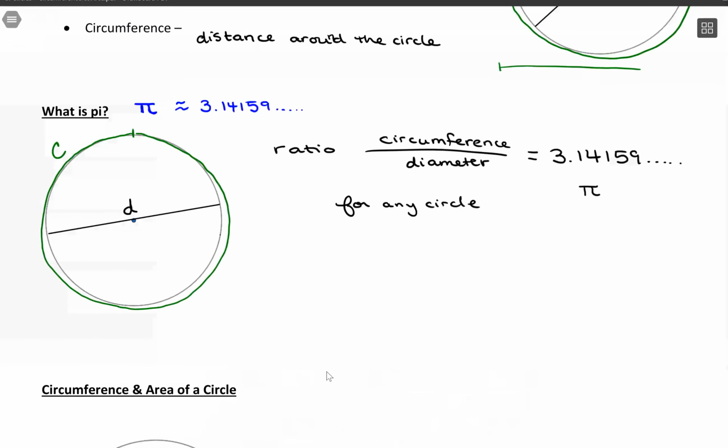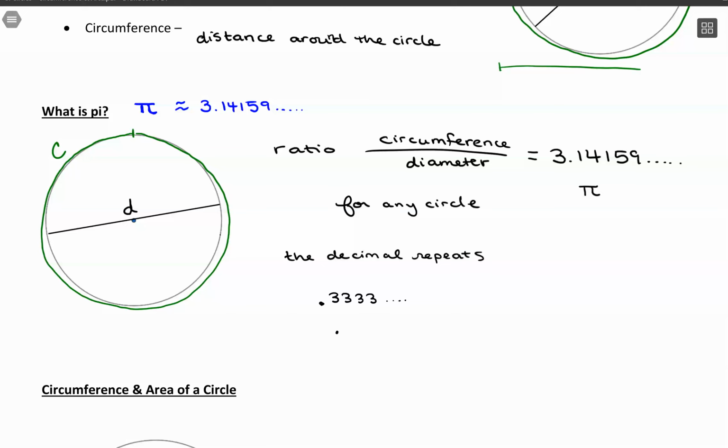Pi has its own symbol, and why we need a symbol is because the decimal that follows never repeats. For example, if you type 1/3 into your calculator to get a decimal, you'd see 0.333 repeating on and on.